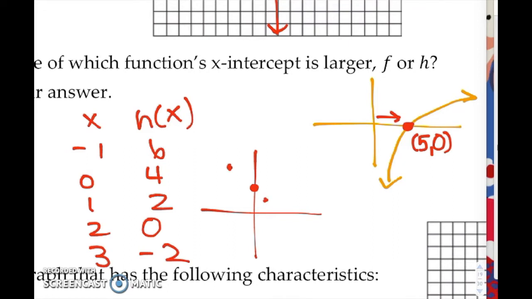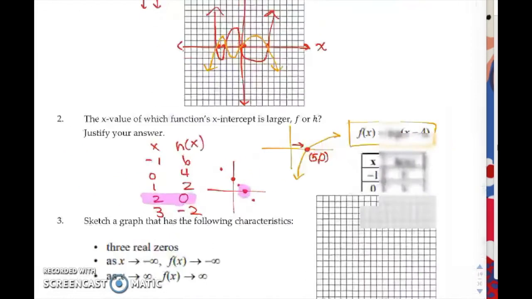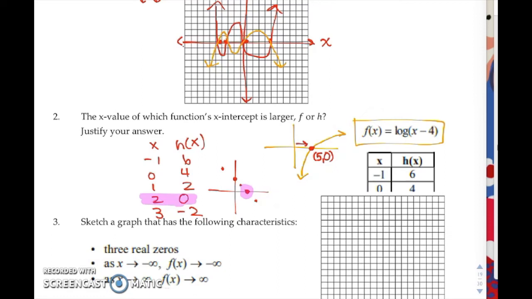Then 1, 2; 2, 0; 3, -2. That x-intercept is right here. Now, which has a larger x value? For f of x, this was my x-intercept. For h of x, 2 was my x-intercept. So here I would say f of x has a larger x-intercept.